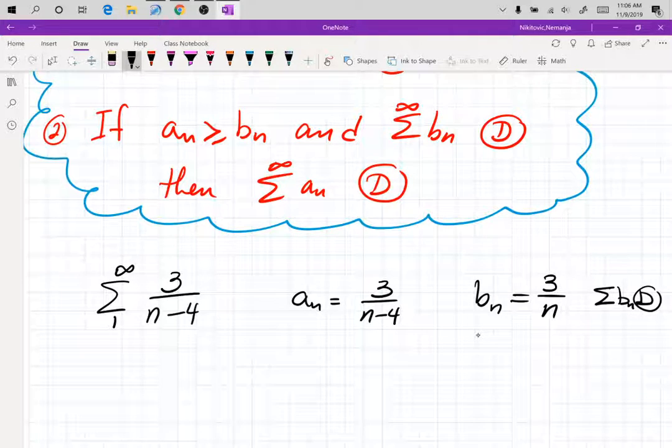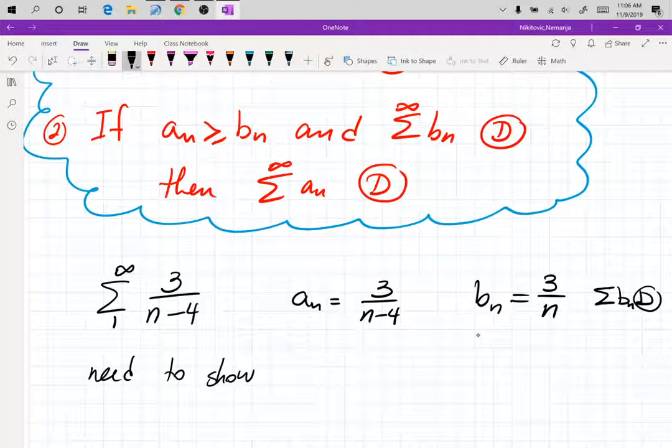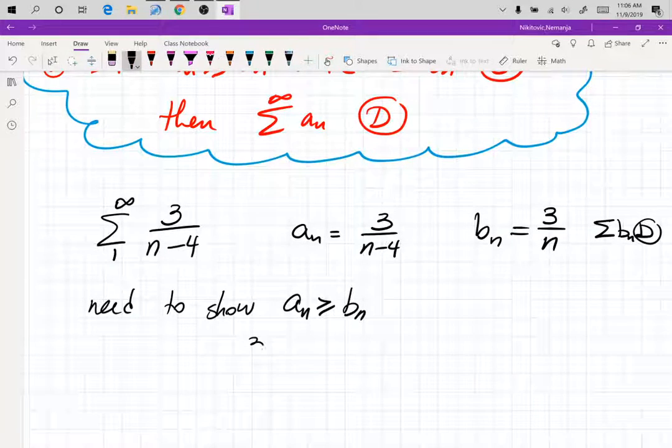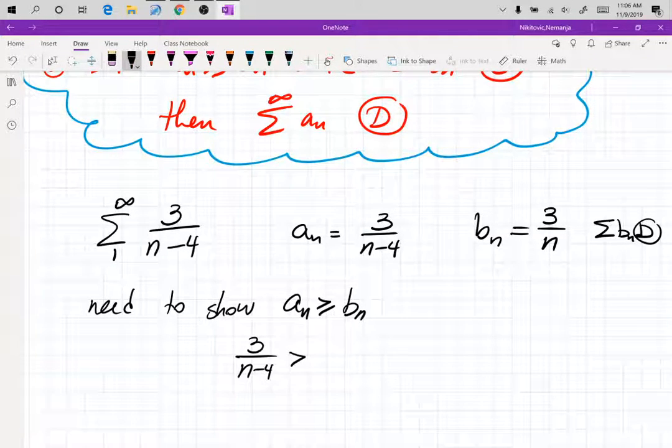So now, we need to show that AN is always bigger than BN. We already have that divergence there. So if we are able to establish this, we're done. We need to show that 3 over n minus 4 is bigger or equal than 3 over n.